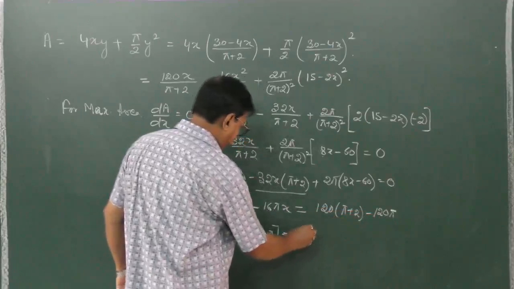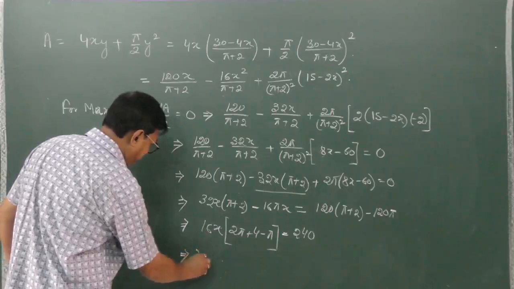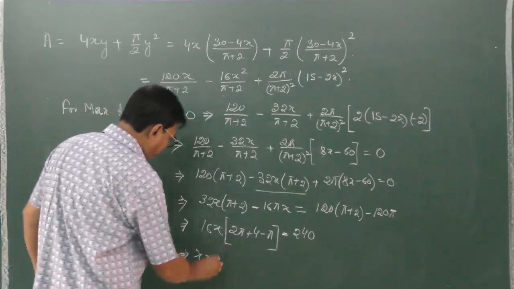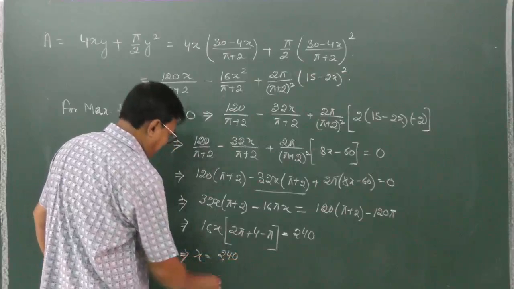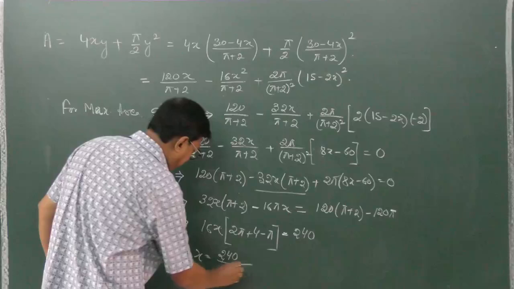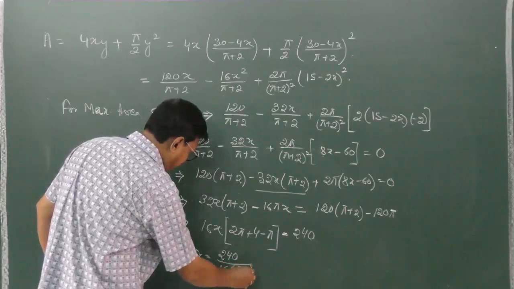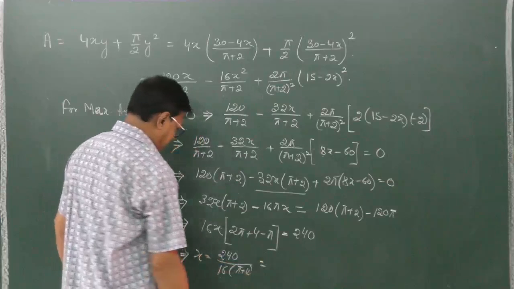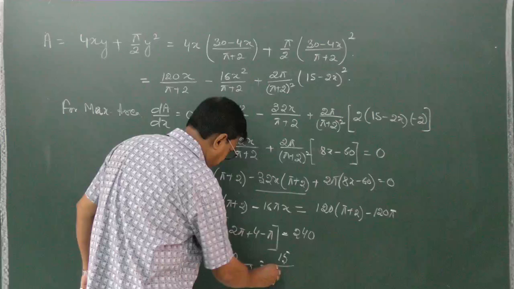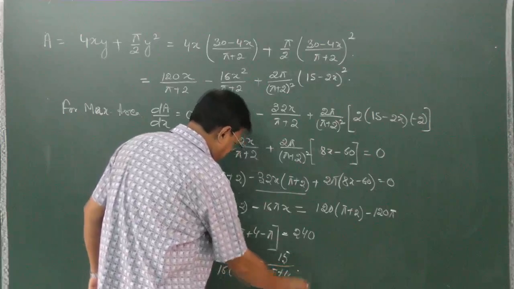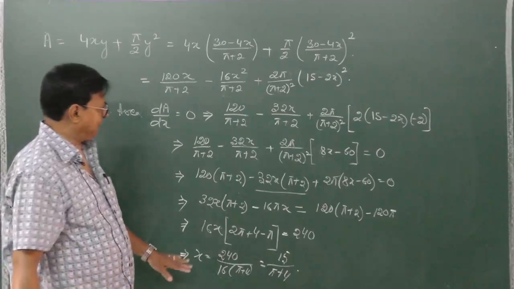So 240. So x, this is pi plus 4, so 240 by 16 into pi plus 4. So 15 by pi plus 4, that's the value of x.